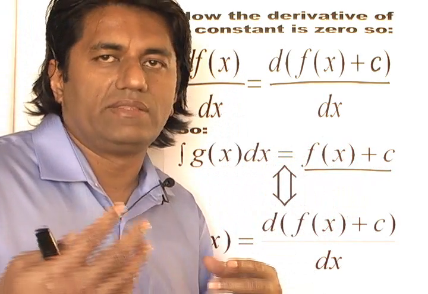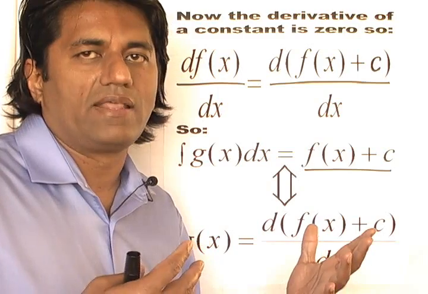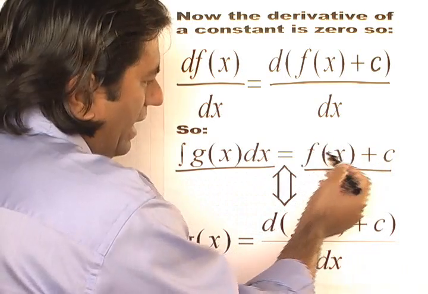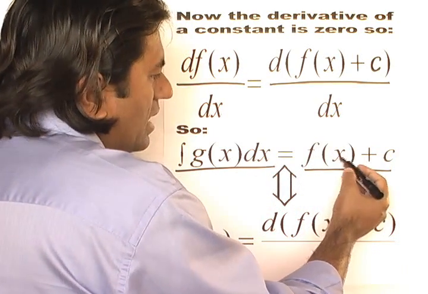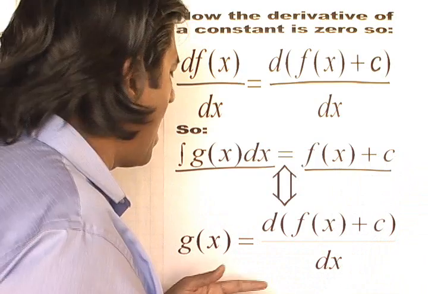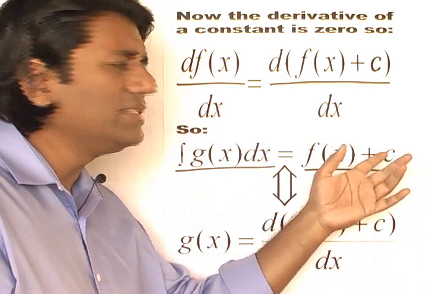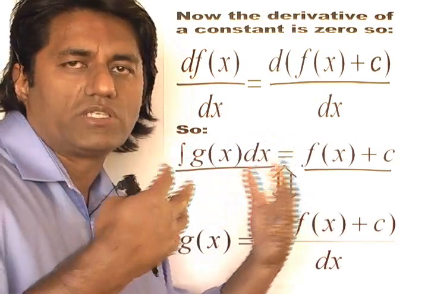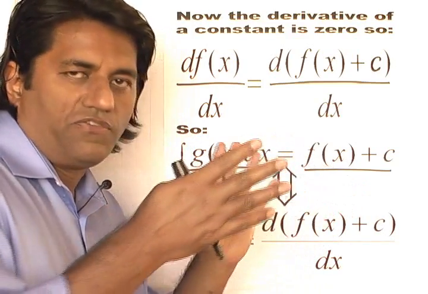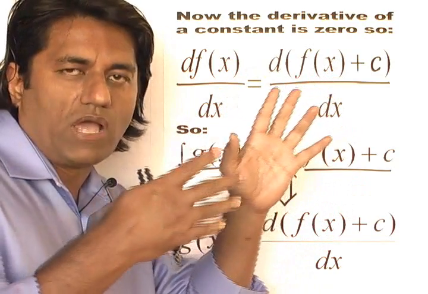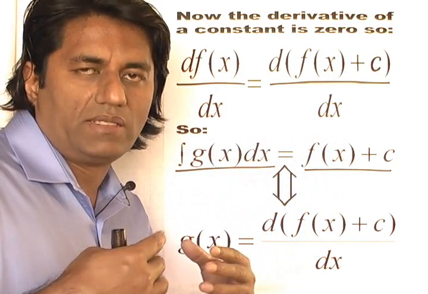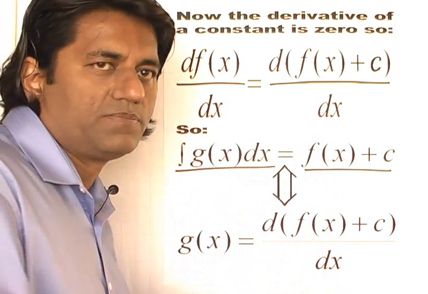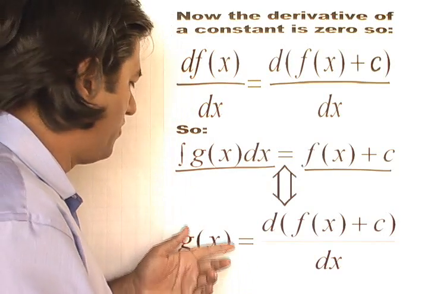So basically the integral of g(x) is f(x) plus c, and this c, which is a constant, disappears if you take the integral between two limits, because at the upper limit you have plus constant and at the lower limit you have minus constant, and you'll understand this as we study it more.